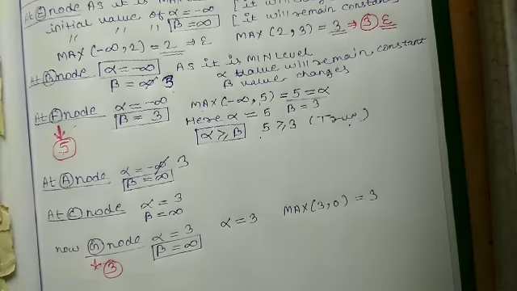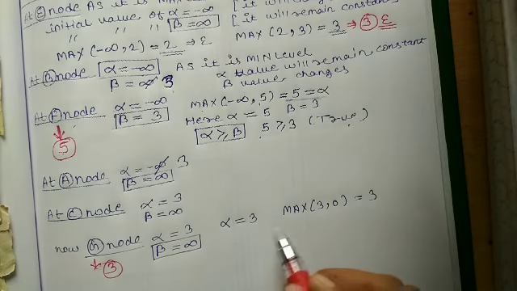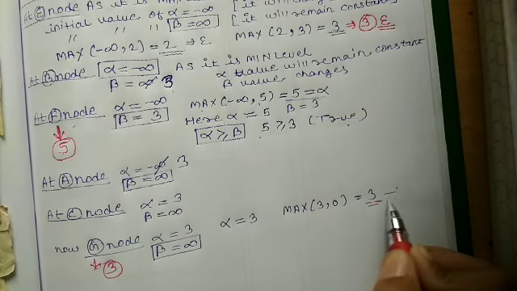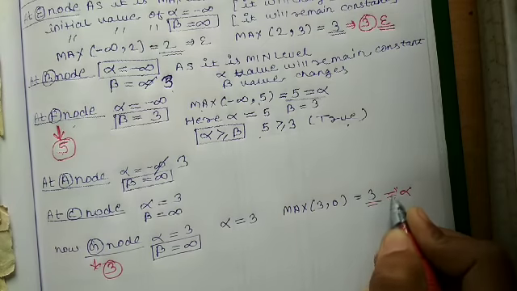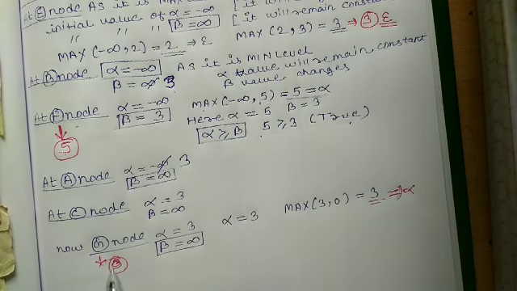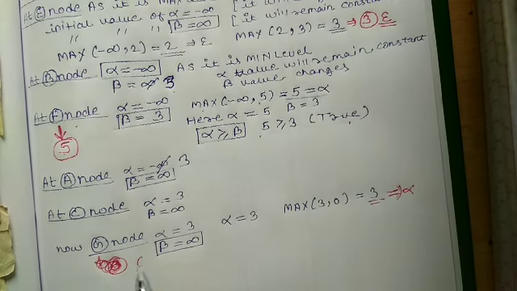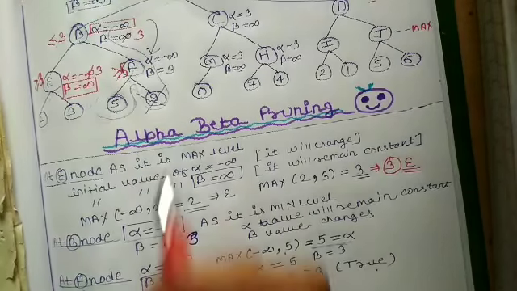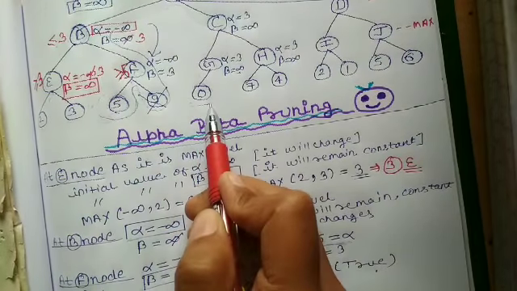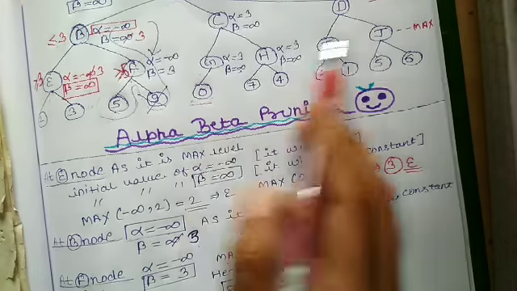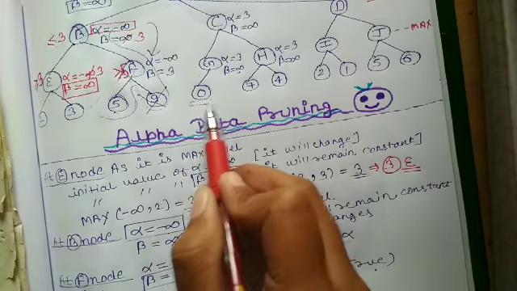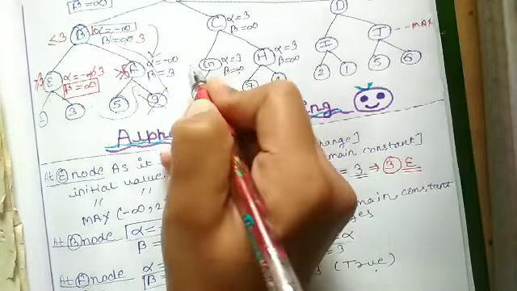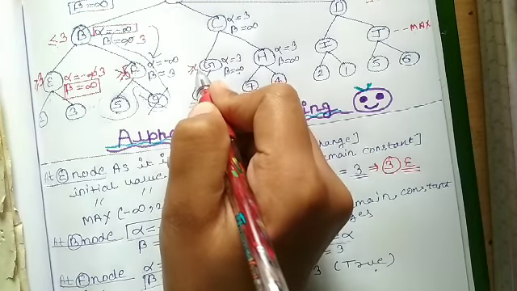One thing here is the value of alpha. Alpha value will remain 3 only, and the value of G node will become 0. Why is it so? Because here it has only one child, and we don't have to compare anything, so it will remain 0 only.